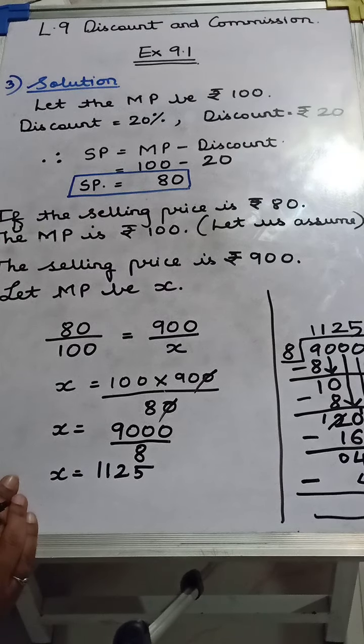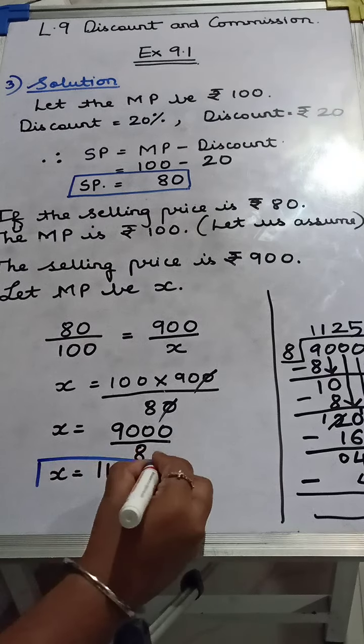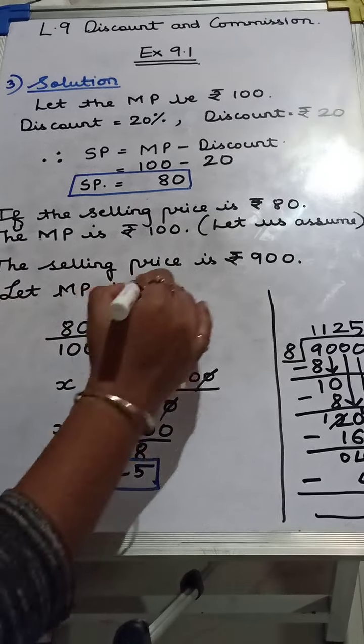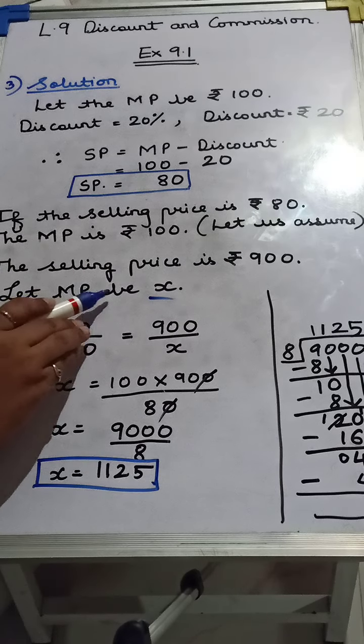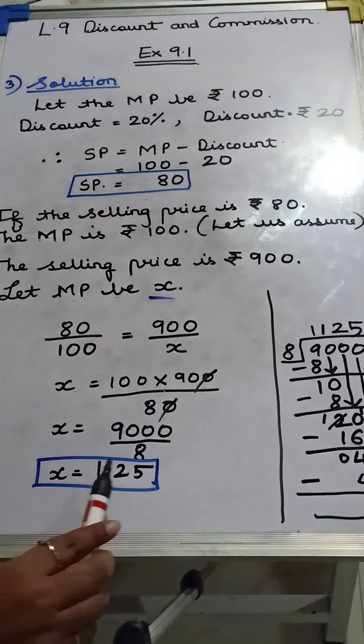And the marked price also assumed. With the help of all this, we have found out the marked price. So X means our marked price here, because we had taken, you can see here, let MP be X. So the X that we have got is the marked price. So the final answer you will write here.